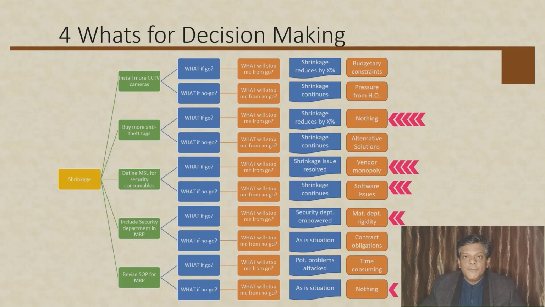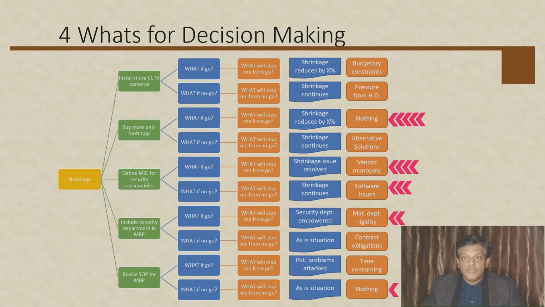Let me walk you through a real world scenario to demonstrate the application of 4 whats for decision making. If you've seen my last video on the 5 whys technique, you can recollect that I took up an example of the retail industry. I'm picking up the same example here, but note that the purpose here is different.